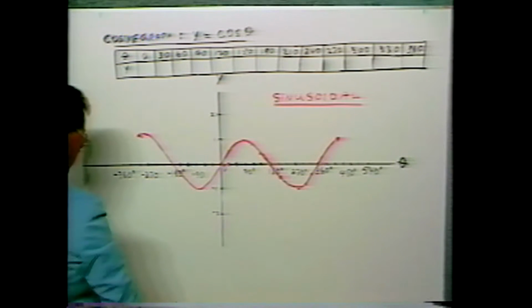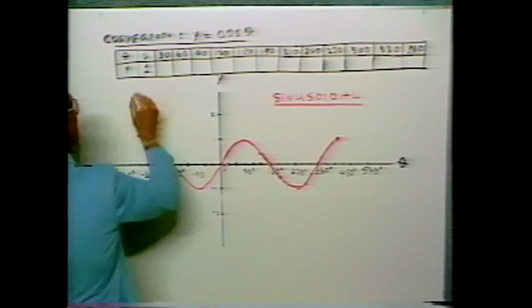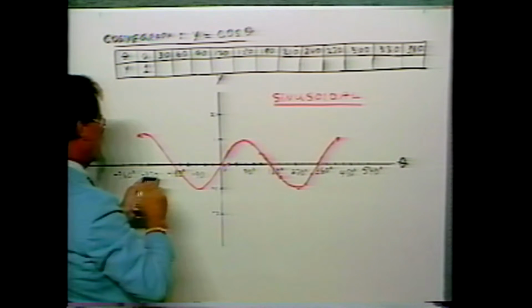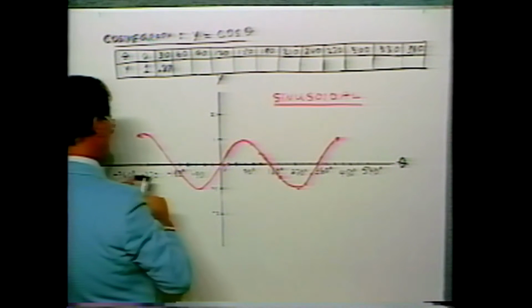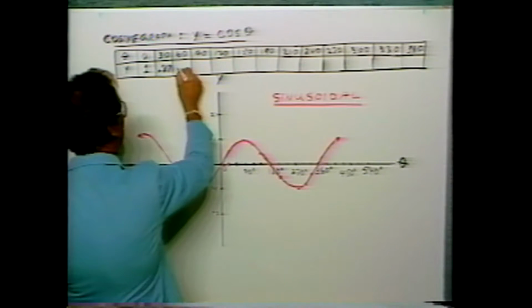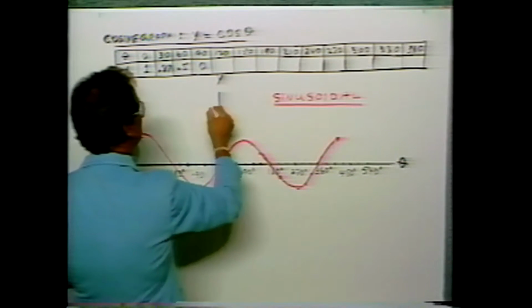You will find that the cos of 0 is equal to 1. The cos of 30 is equal to 0.87. The cos of 60 is equal to 0.5, and the cos of 90 is 0.